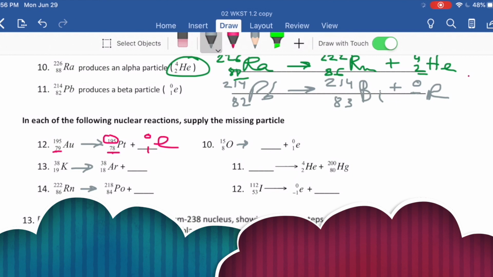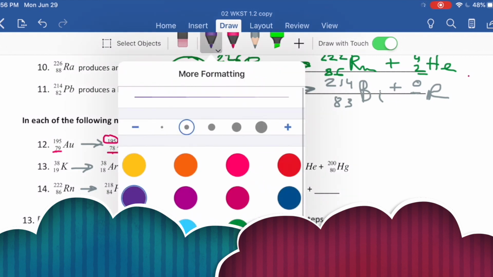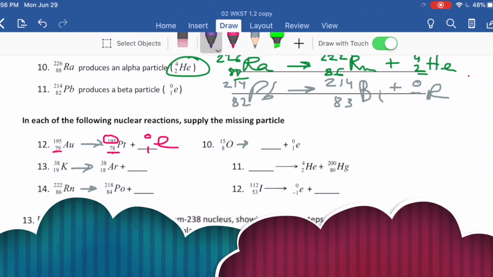Next one, we have potassium here, and we see how the atomic number has changed to argon's atomic number. So again, I have a 1 here, and then I see that the mass number hasn't changed from 38 to 38, so it's 0 here. So again, I have a positron. It's a 0, 1, E, so it's a positive electron.